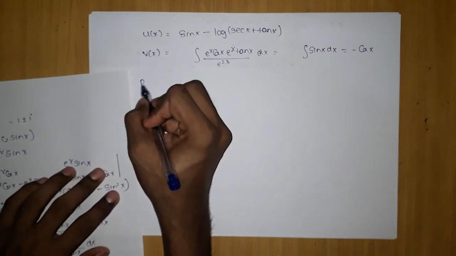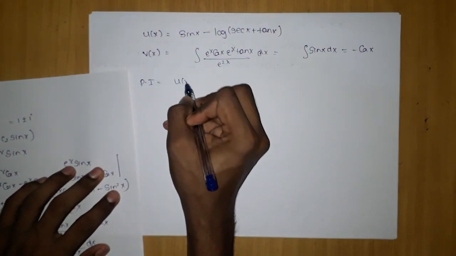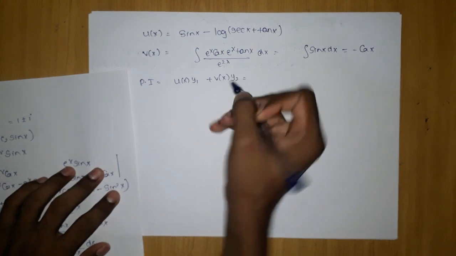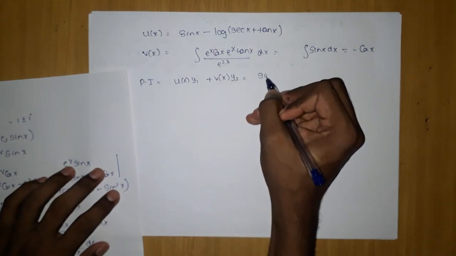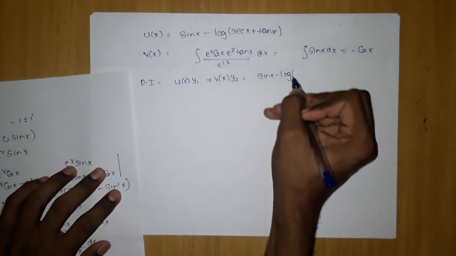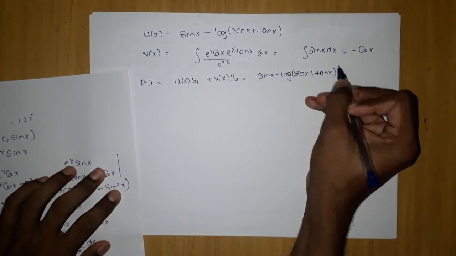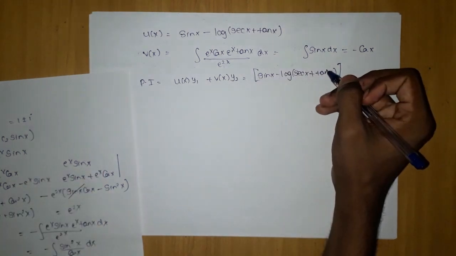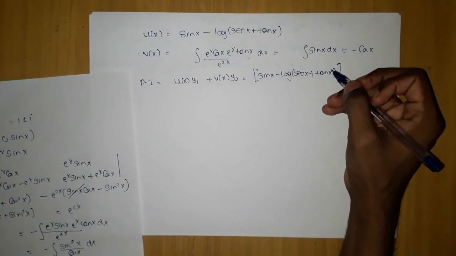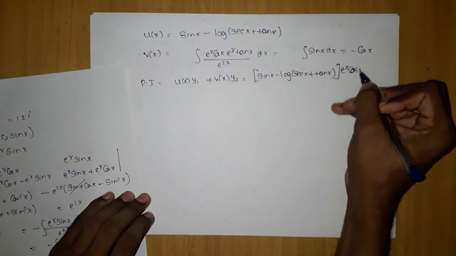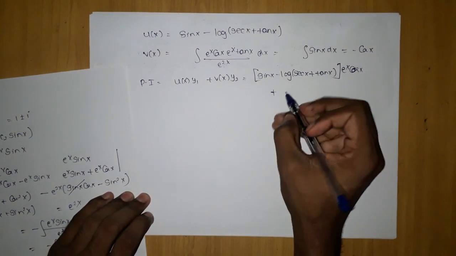Now we know the particular integral is given by u of x y1 plus v of x y2. So if we substitute, it will be sin x minus log sec x plus tan x, right, into y1. y1 is what? y1 is given by e to the power x into cos x, while v of x is what?